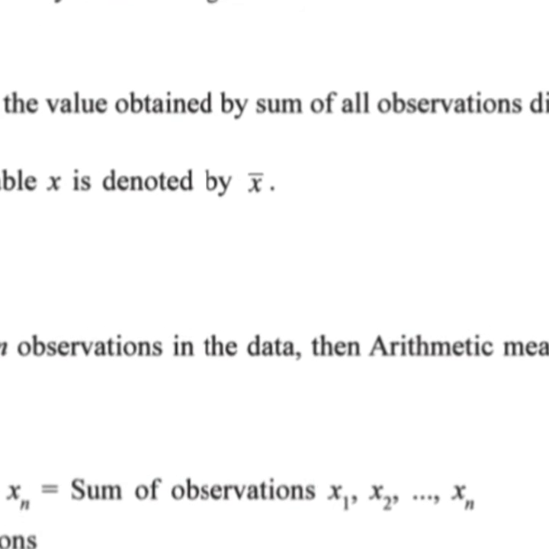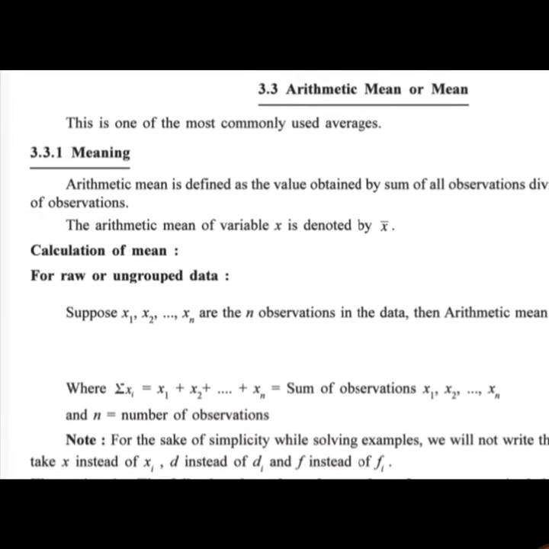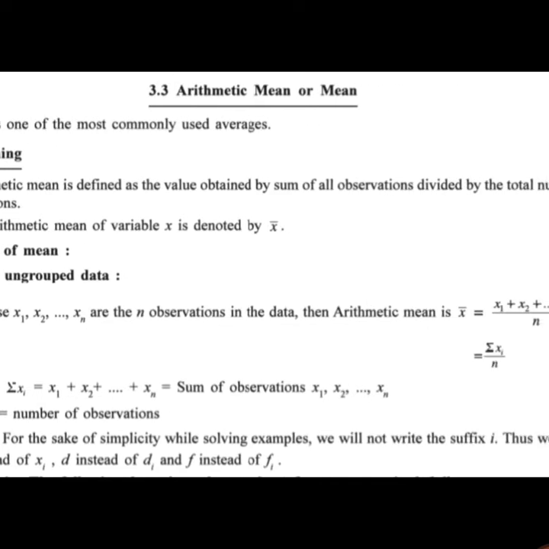Now while we talk about arithmetic mean, you would find the arithmetic mean is symbolically shown as x bar. X bar is the symbol by which you show the arithmetic mean. Over here, children, all the observations are given the symbols x1, x2, x3.